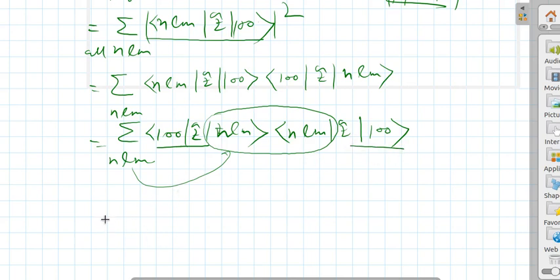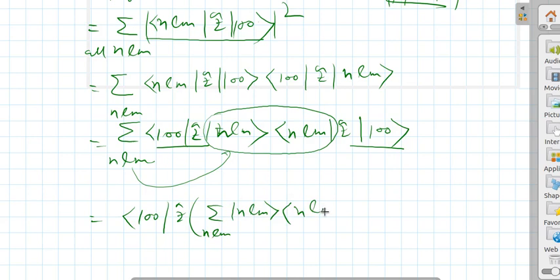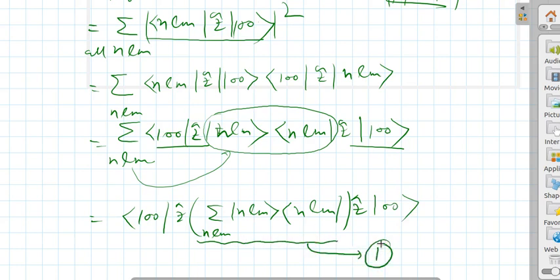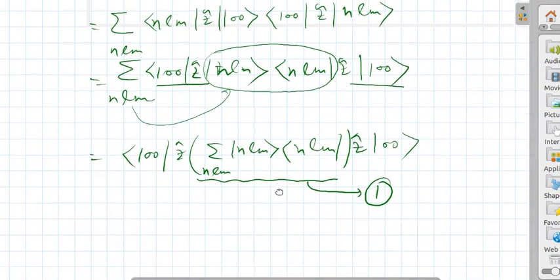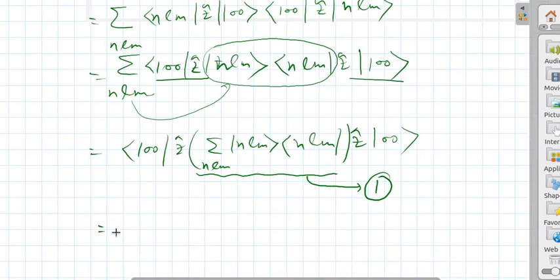So in that manner I can say that it is 100 Z and summation over it, so it is a completeness condition and its value is 1.